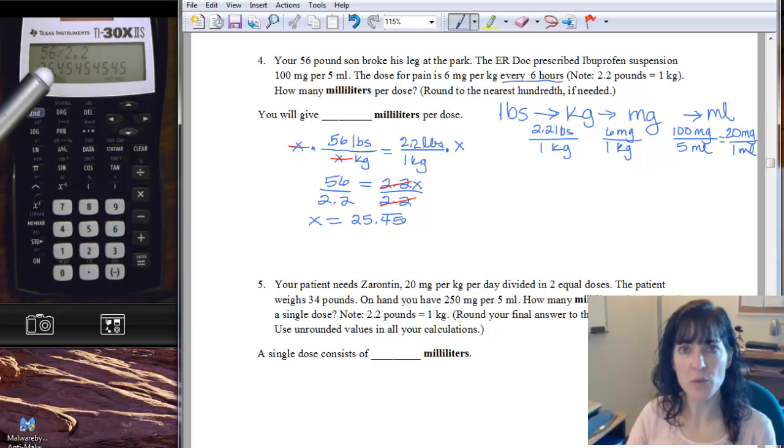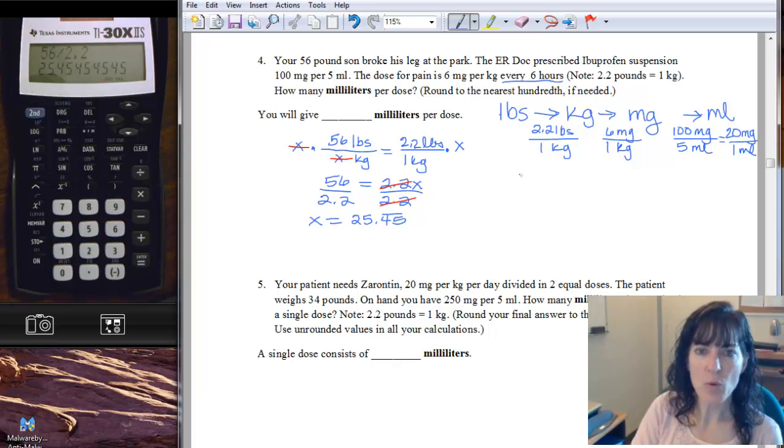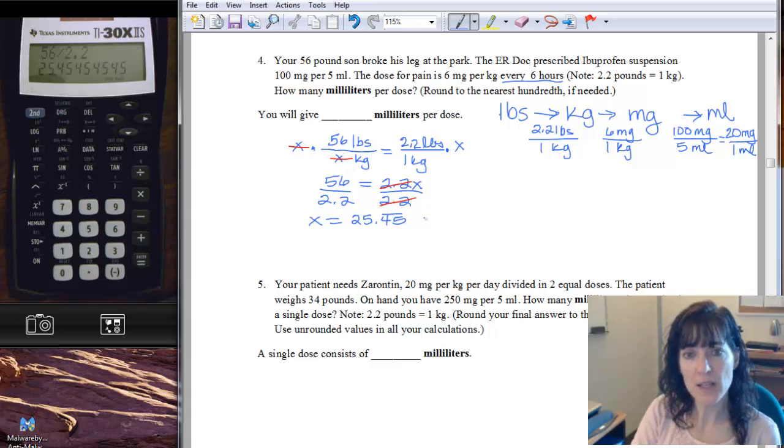I don't want to retype it in because I'll lose a bunch of decimal precision that the calculator is storing but not displaying. So I'll leave it as 25.45, and I want to make sure I write down that we were trying to find x kilograms, so this is the number of kilograms that the son weighs.